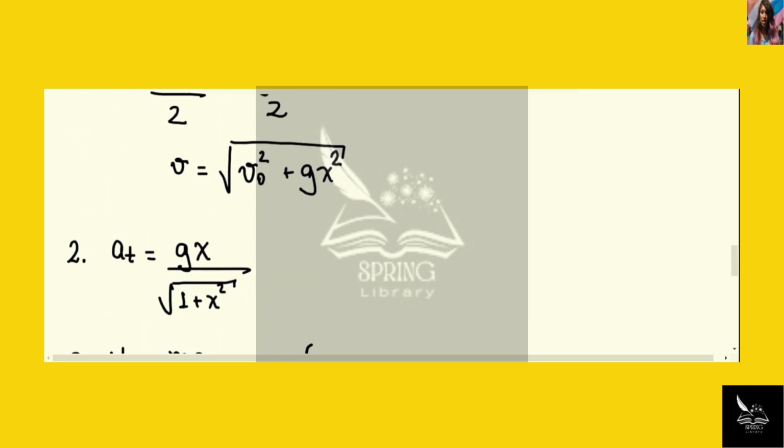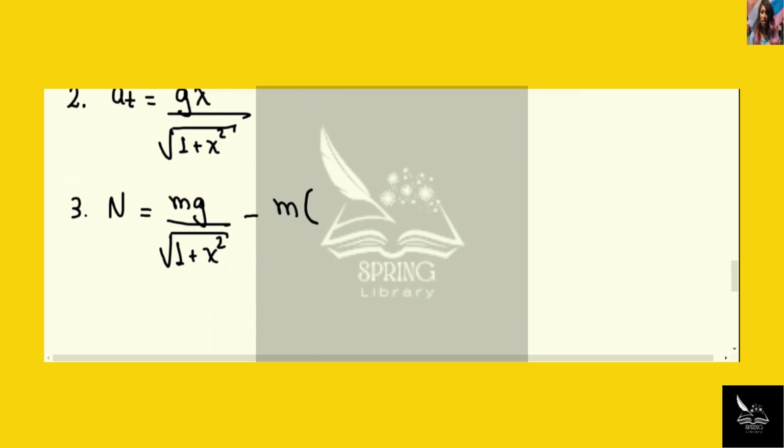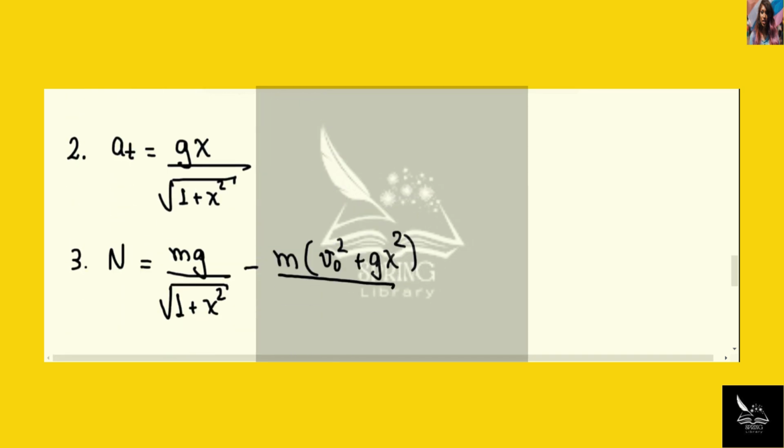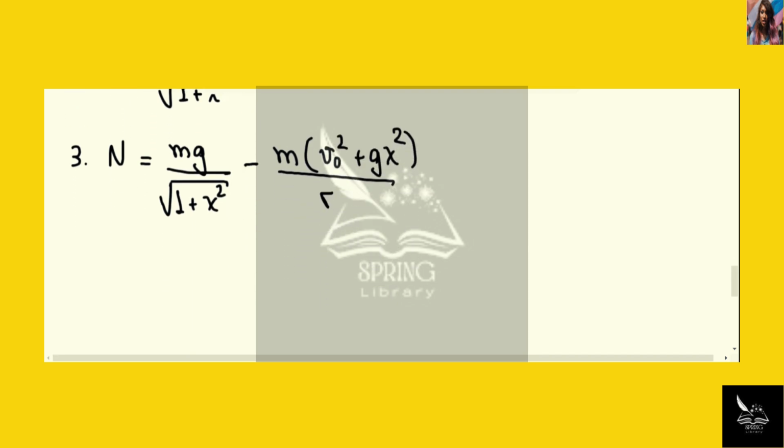Notice that in the equation for the r-coordinate, if we isolate the N variable, we have that N is equal to mg cosine theta, and actually I already found out that cosine of theta is 1 over the square root of 1 plus x squared, minus m v squared, which according to point 1 here is v0 squared plus gx squared, divided by r. So now all we need to do is to find what r is.